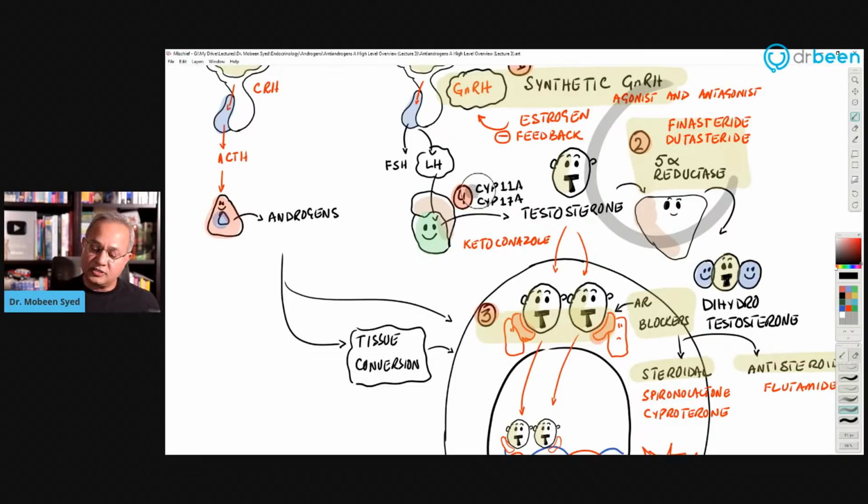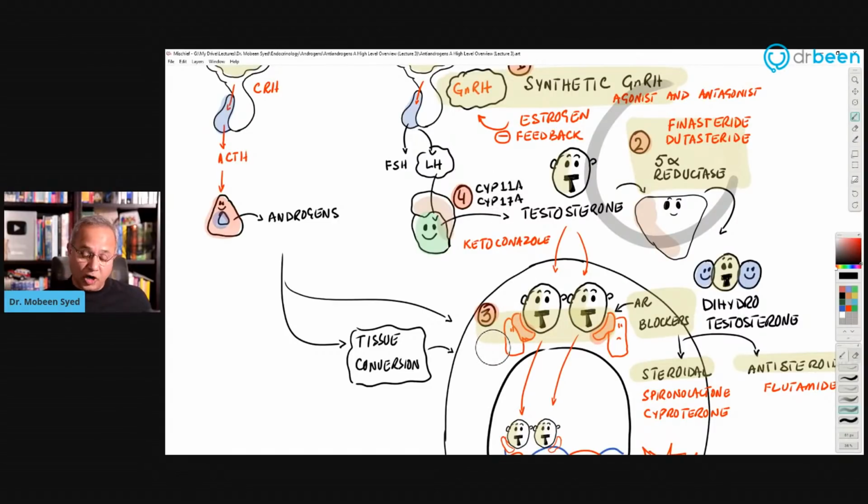These enzymes are called CYP11 alpha and CYP17 alpha enzymes. They take cholesterol, and in the cholesterol to steroid hormone function, they are part of that assembly line. They're workers in there. We can block them by drugs. So we will have antagonists to these enzymes.